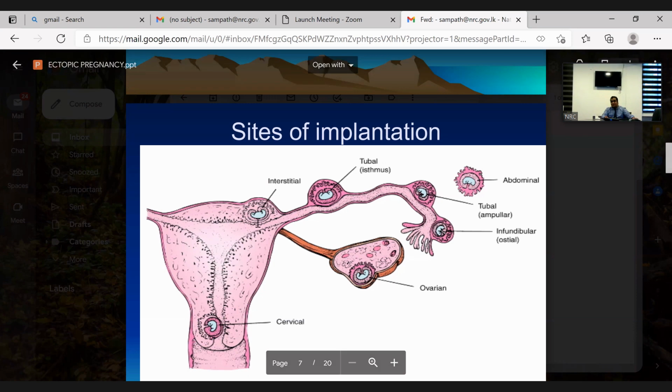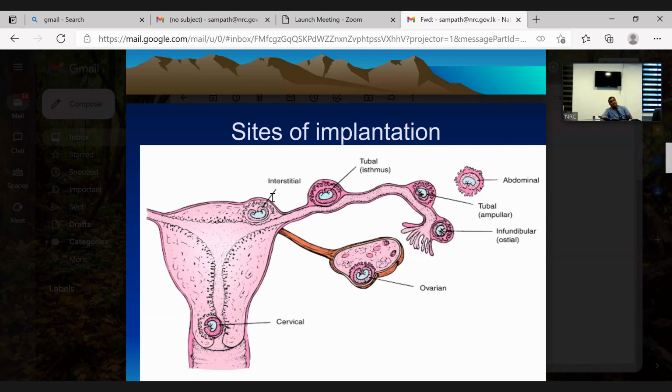And this is another site, very difficult. If it ruptures, there is my final year question. I was given a specimen by Professor Hemantha Senanayaka. At that time, he was Dr. Hemantha Senanayaka. This specimen is there in our specimen lab: a removed uterus with a ruptured cornu.